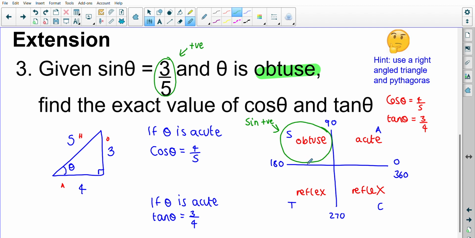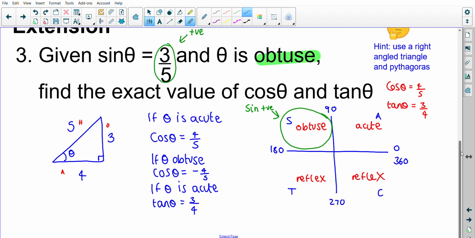So, if I'm trying to do cos of the angle or tan of the angle, the answers must be negative. So, if theta is obtuse, cos theta is going to be minus 4/5. I'll have to change the sign.